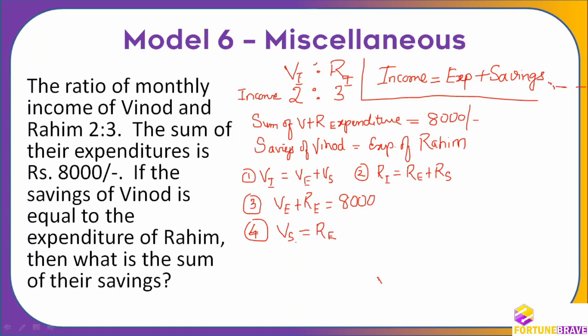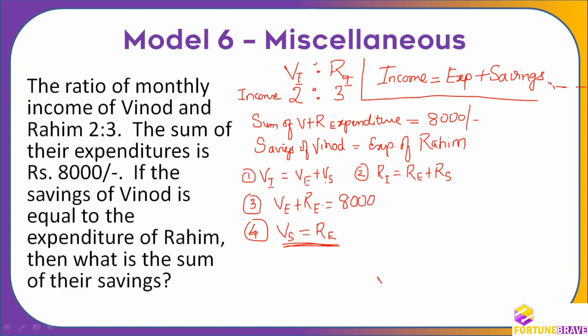Now try to understand. See, we know Vinod expenditure plus Rahim expenditure is equal to 8,000, and they have given that Vinod savings is equal to Rahim expenditure. So take the first one and substitute the values here. Substitute this fourth value. So the first one is what? We know income is equal to expenditure plus savings.